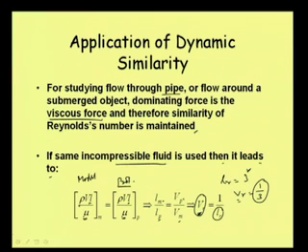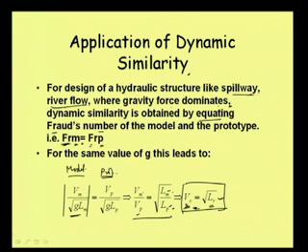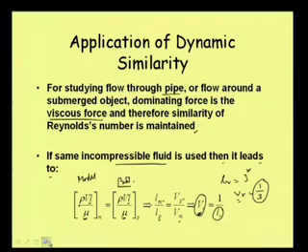And if we want Froude number similarity, we will make V_r equal to root over L_r. But in the real field there are problems that are not dominated that much by viscous force, or where gravitational force is important but at the same time viscous force is also important, and in those cases we cannot just neglect one of these, so we have more of a problem.